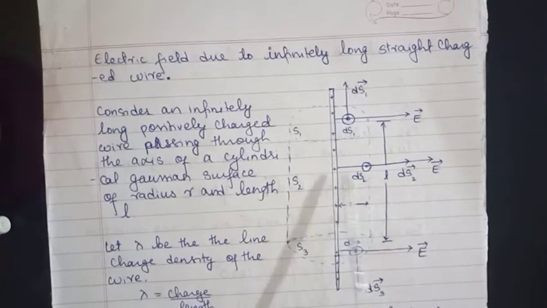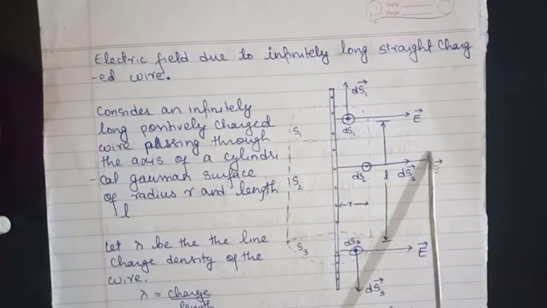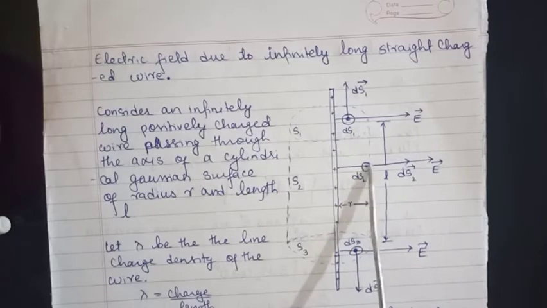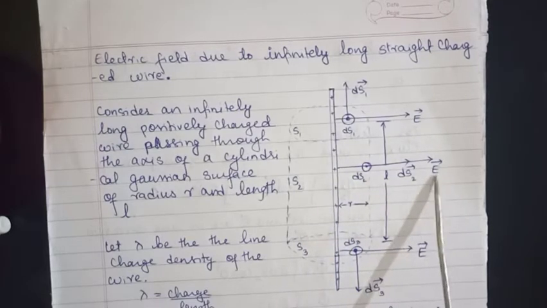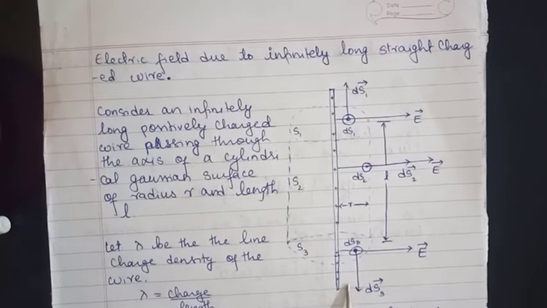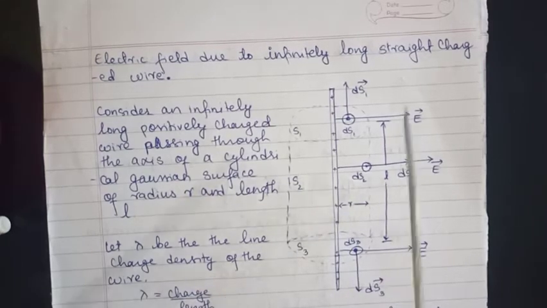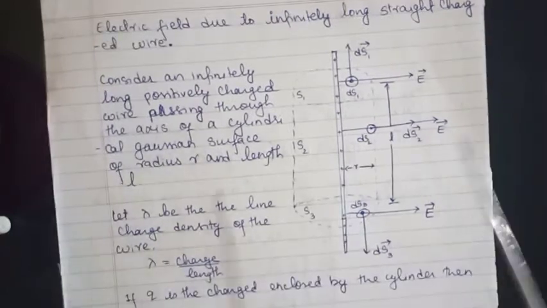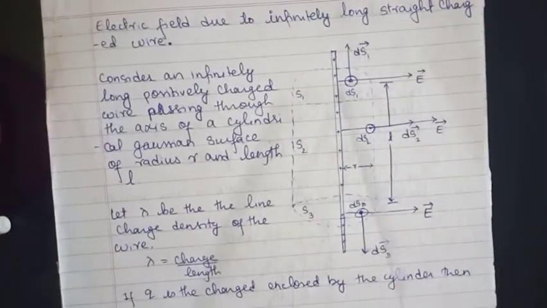And now for this surface, the electric field is radially outward, and if you consider this area, the area vector that is perpendicular to this area will be in the direction of electric field. So out here theta is equal to 0 degrees, and similarly you can see ds3 is in the downward direction and E is in this direction. So here the angle is 90, so 90, 0 and 90. Now I will find the flux through this area and this area, and to get the total flux I'll add all three fluxes.